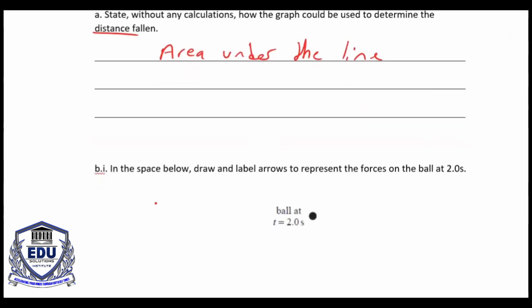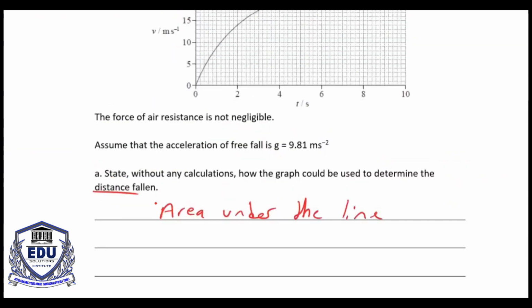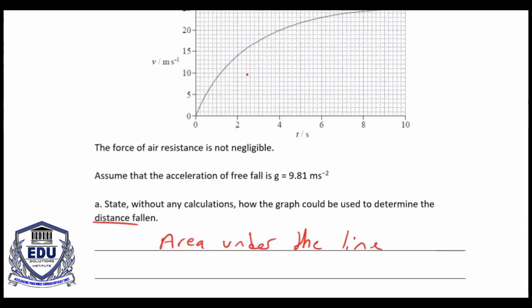Next part: in the space below, draw arrows to represent the forces on the ball at t equals 2 seconds. At t equals 2 seconds, it is still increasing in speed.